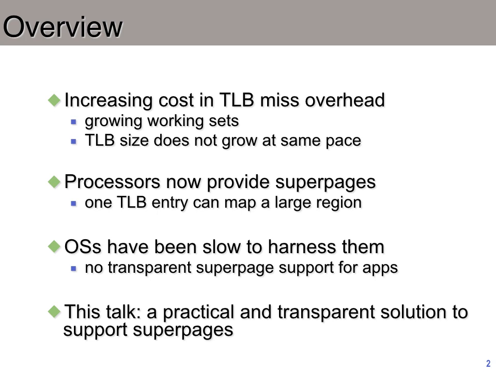Over the years, the size of the TLB has increased as processors have become more advanced. But at the same time, applications have also been using more and more memory. In other words, the working set of applications, that is the amount of data applications need in memory in order to work effectively, has grown in size.